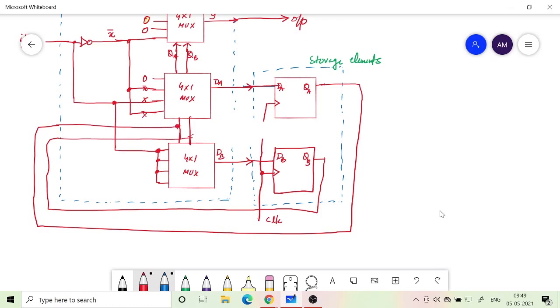This is B, it is connected here. So you can see that these are state inputs. These are external inputs, and this is the input to the storage element.